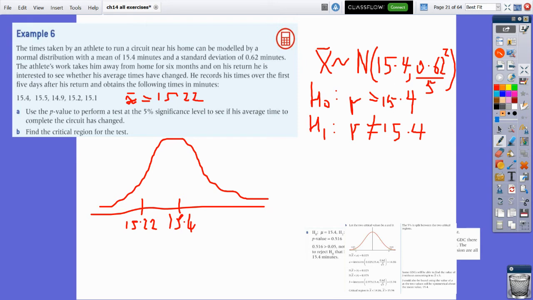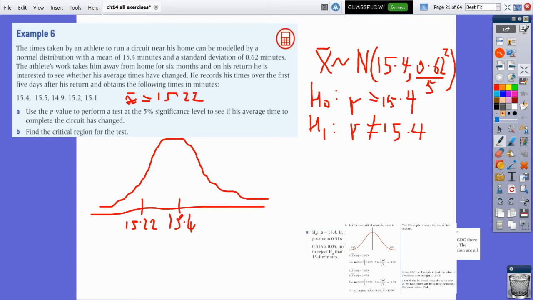So the p-value in this case is going to be the area trapped here, but also the area trapped on the other side. So it's about being that distance away, the same distance away from 15.4 on the other side as well. So it's basically asking what's the probability of x bar being 0.18 away from the mean.